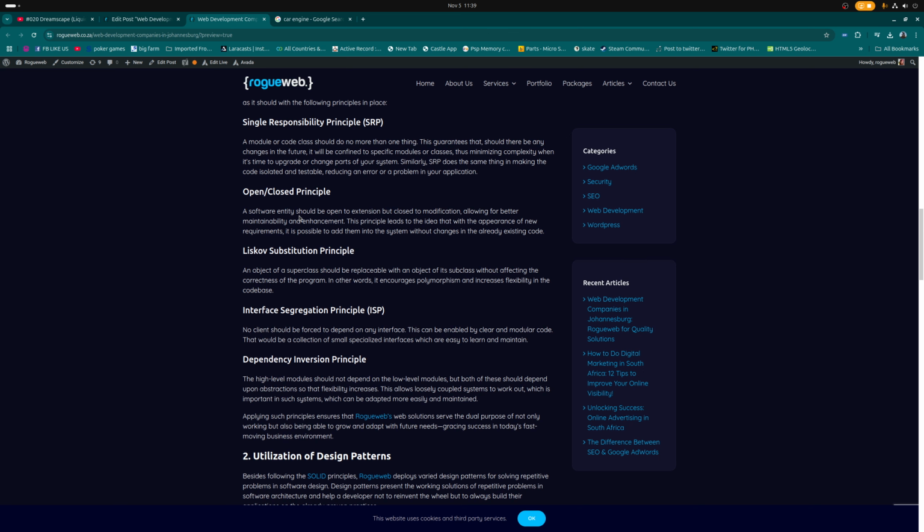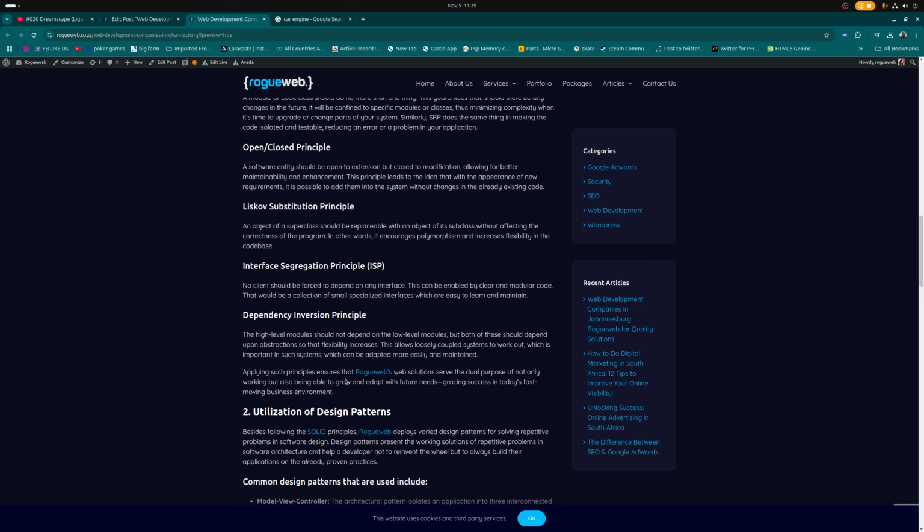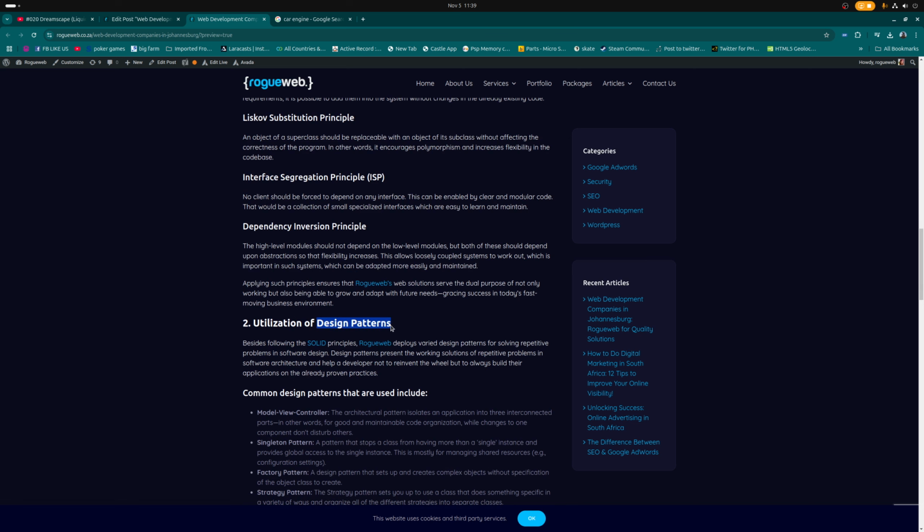Also, by doing so, you can easily test each tiny little piece to make sure it is doing its job correctly. If you have a tightly coupled system, testing it becomes a nightmare. There is no real way to test it. So that is why, guys, loosely coupled systems and software design principles and design patterns are very important.